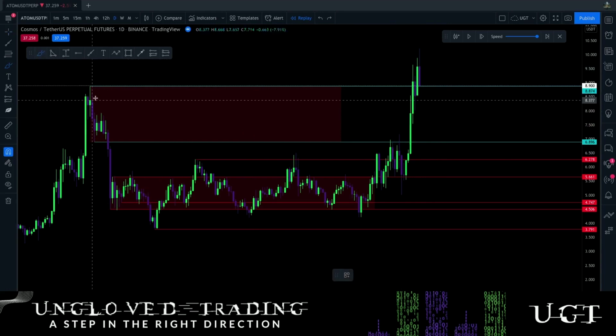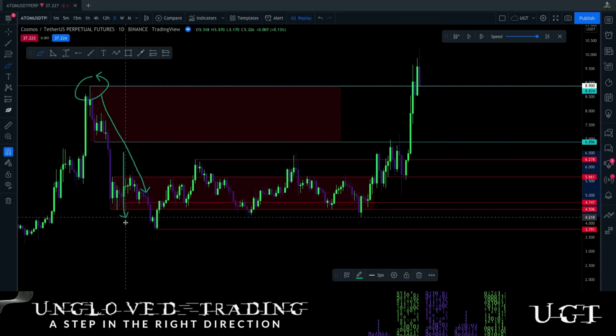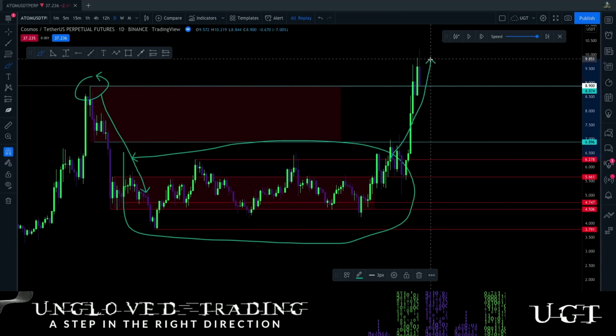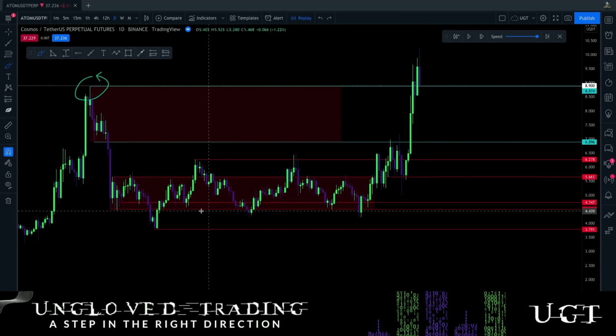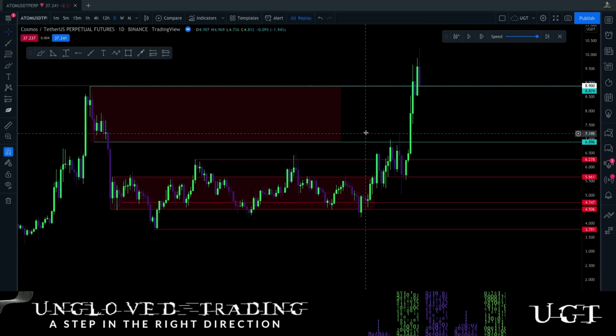And you can see it as clear as day now where you had this distribution, you had the move down, and then you went into this long accumulation period. Once you broke out of that accumulation, you moved up. So again, that is tying in with accumulation and distribution there. And we can see that the more levels that we created in here, the more price had to work to break those levels. Hence, it needed that time to actually break those levels.